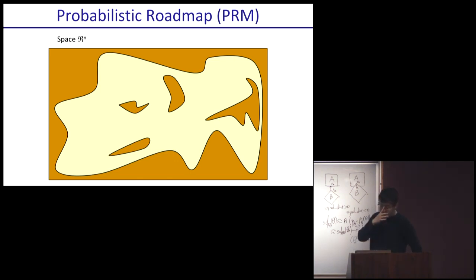So for the probabilistic roadmap, we have a space Rn that is the rectangle, and we have some forbidden space that is the dark yellow area, and some free and feasible space that is the light yellow area. The configurations are sampled by picking coordinates at random.